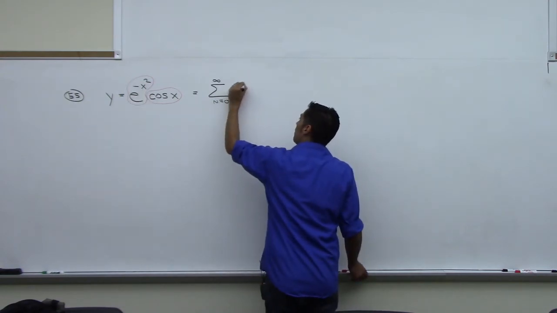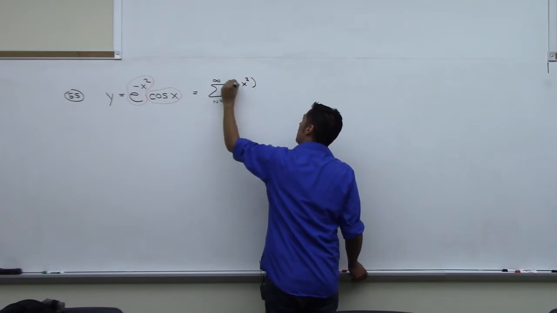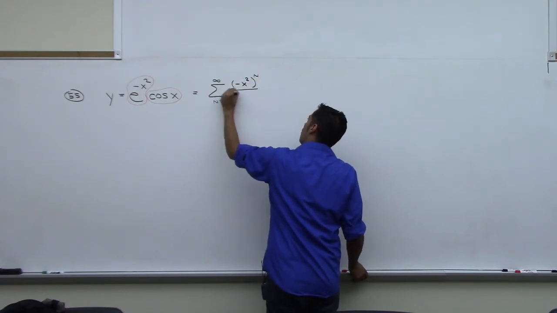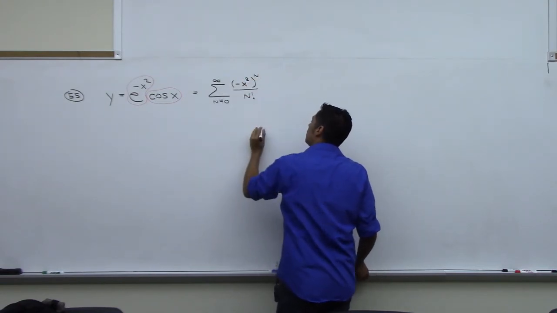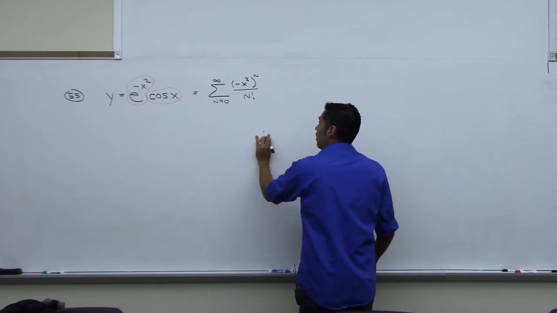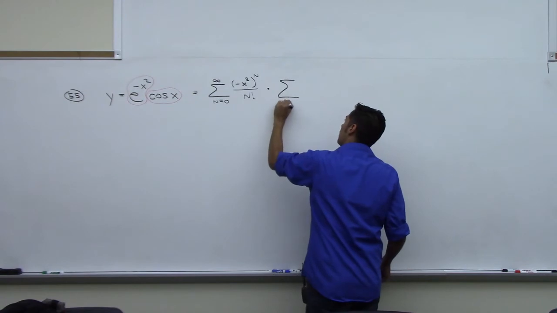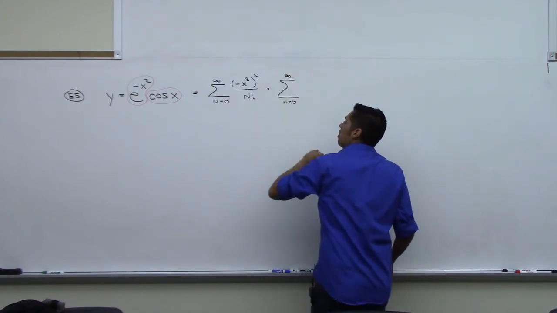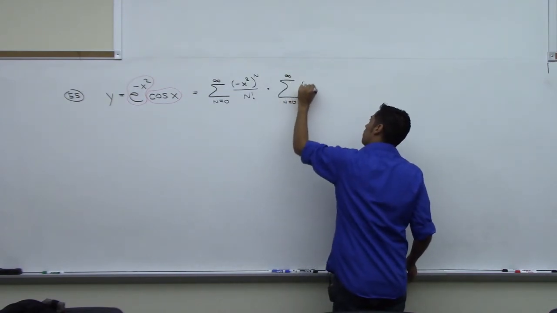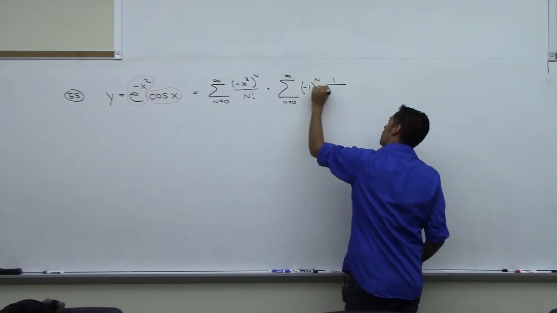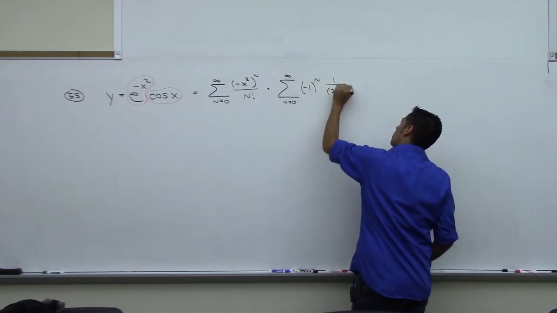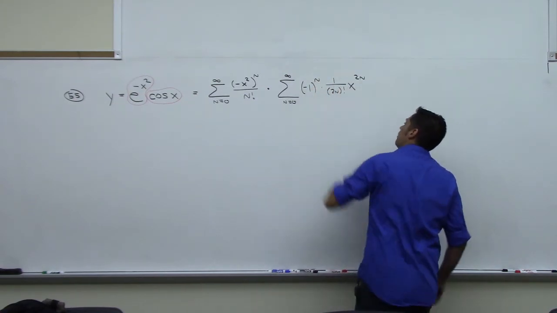So it's going to be negative x squared to the n over n factorial, that's e to the negative x squared, times another Maclaurin series, the sum from n equals 0 to infinity, cosine x, we just did that one, that's negative 1 to the n times 1 over 2n factorial x to the 2n.